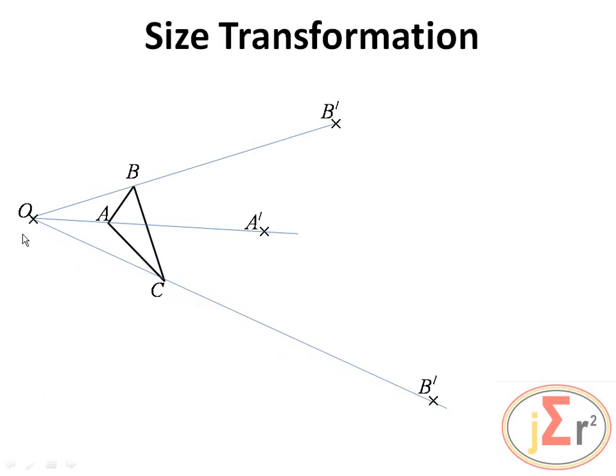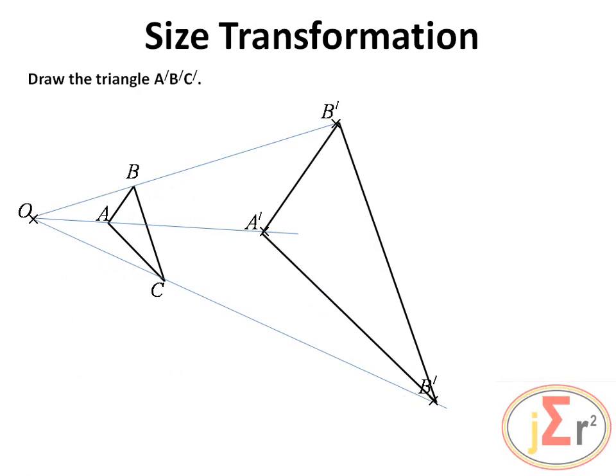Take note that when we measure from O to A, multiply that result by 3, the distance is measured from O to A prime. And when we measure from O to B, the distance is multiplied by 3, and the distance again is measured from O to B prime. So all measurements are done beginning at the center of enlargement. So let us complete the triangle. Lovely.